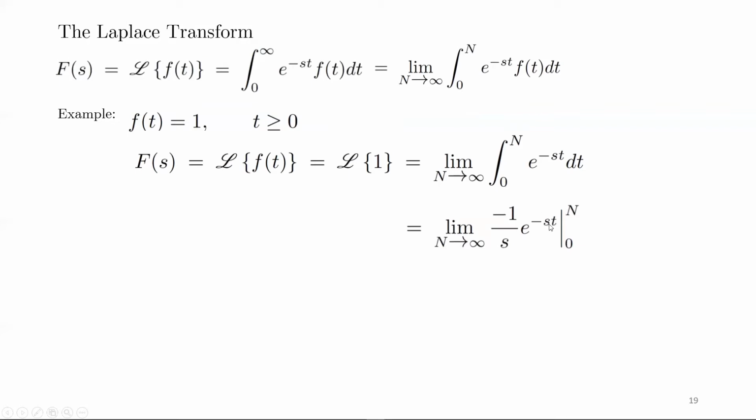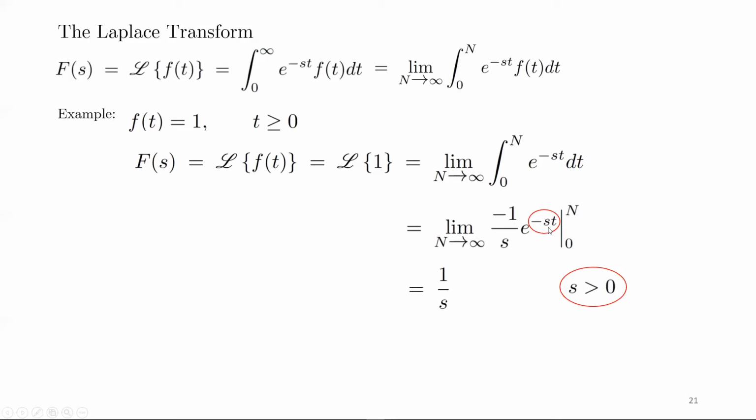Okay, if s is positive anyway, then the limit is 0. And then if we substitute in 0 here, we're just going to get e to the 0. So we get minus 1 over s, or in fact, minus times minus, so positive 1 over s. Okay, so this relied on the fact that s had to be greater than 0.